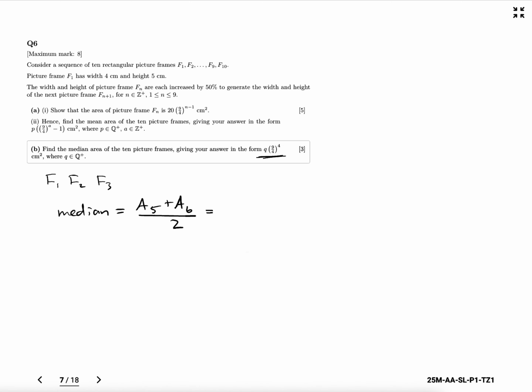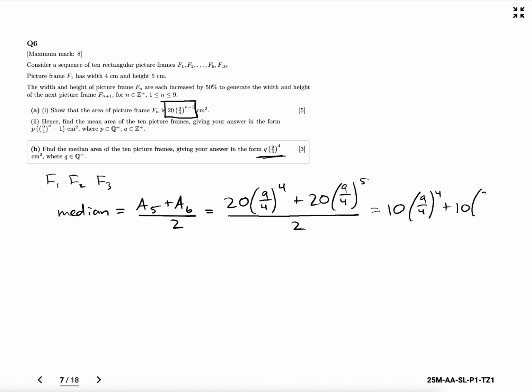So now we plug that into the formula we had for the first part, like this. Okay, and we're going to plug in n equals 5 and n equals 6. So we have 20 times 9 quarters to the power of 4 plus 20 times 9/4 to the power of 5, all over 2. And the first most obvious thing to do now is to divide through by 2.